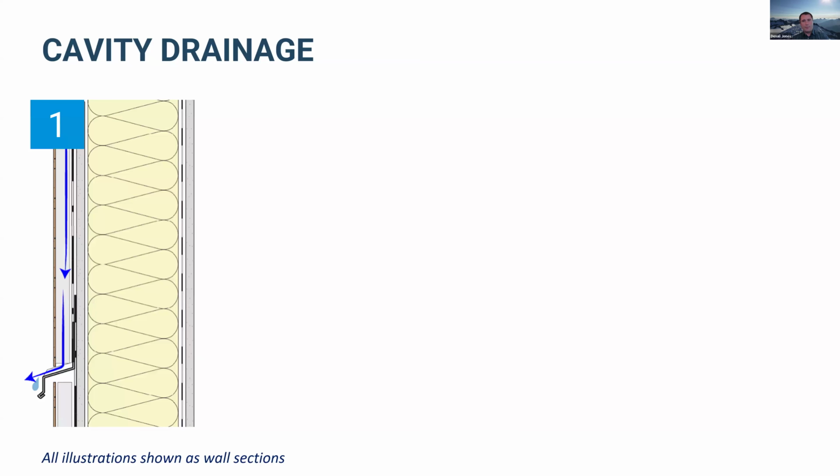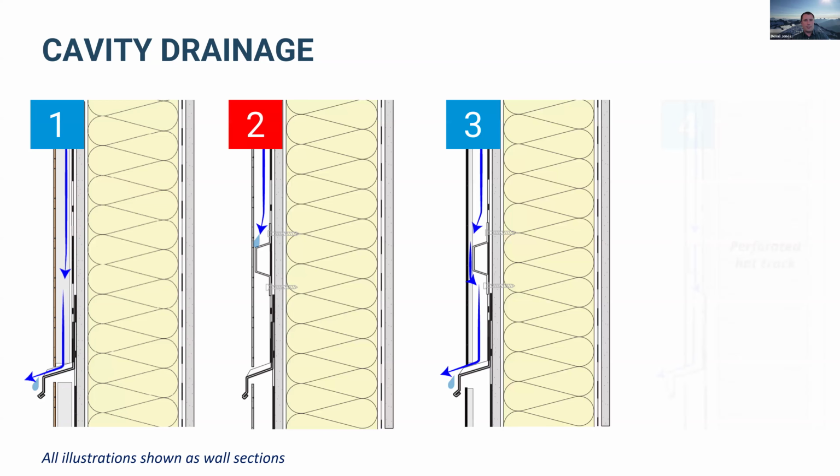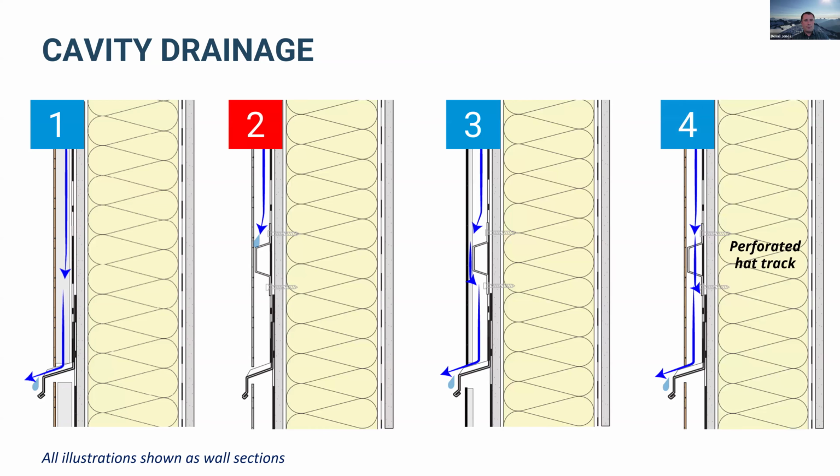So just some examples here, right? We see this, this looks like a vertical girt or hat channel of some kind creating that. We see sometimes this approach here, number two, with the horizontal hat channels. But you've got to be careful with this, right?